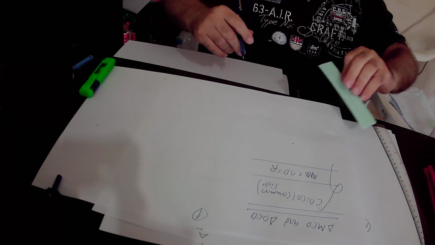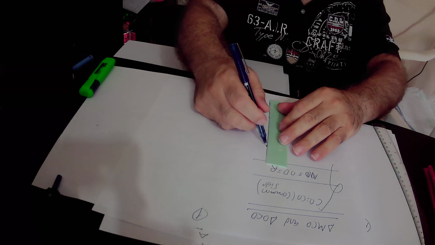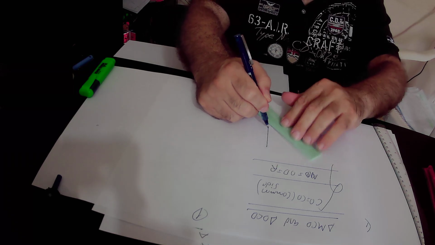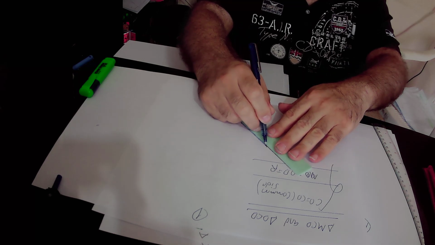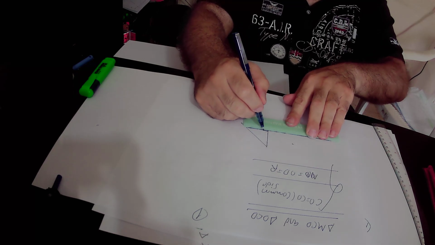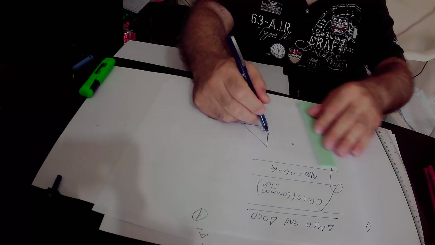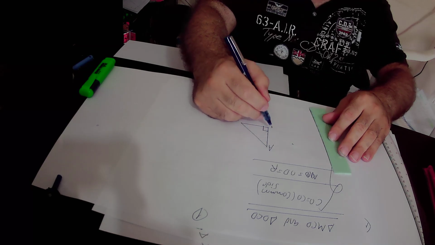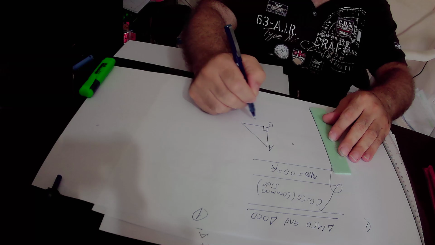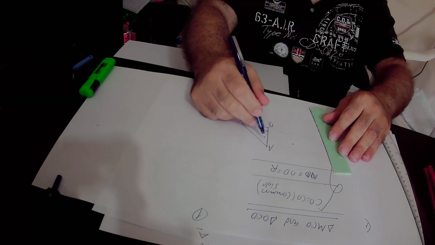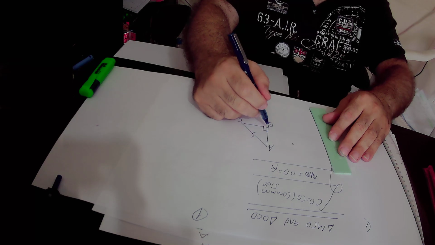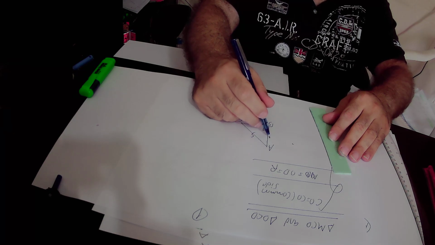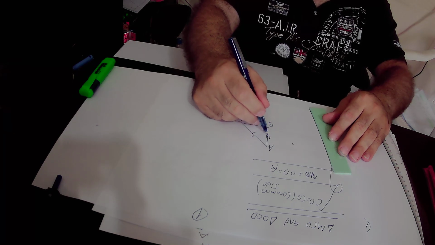Why? Because if we have, for example, a right triangle, triangle ABC, it is a right triangle. This is triangle ABC. And you know that the hypotenuse AC equals 5 units and side AB, the perpendicular, equals 4 units.